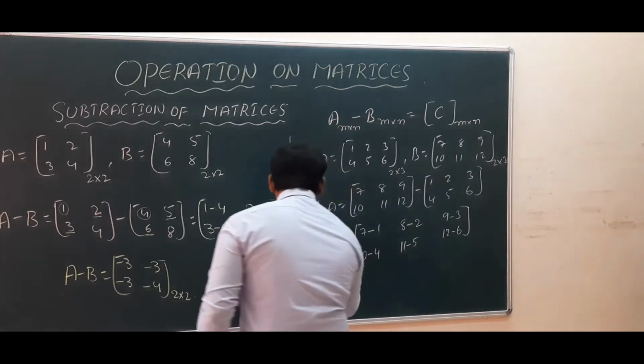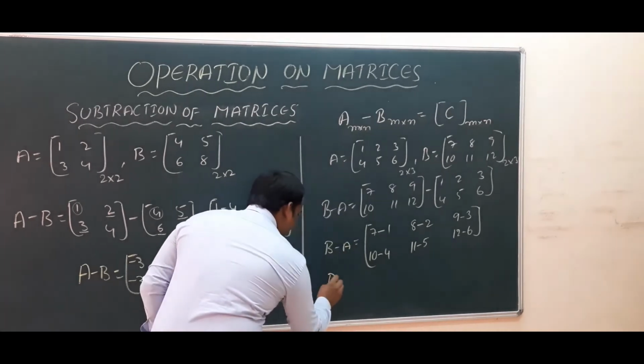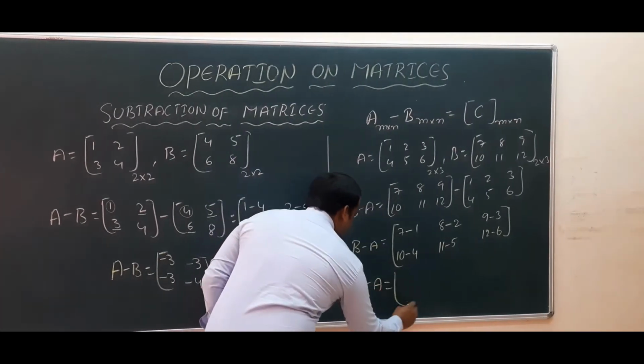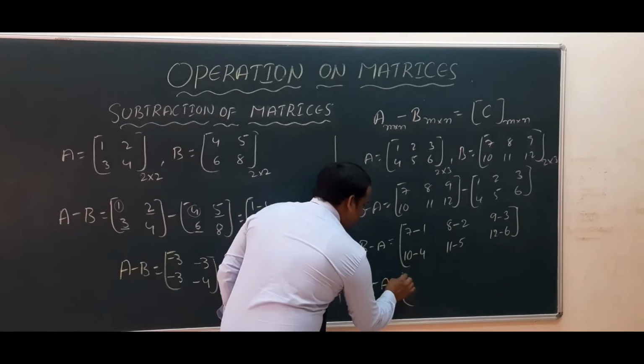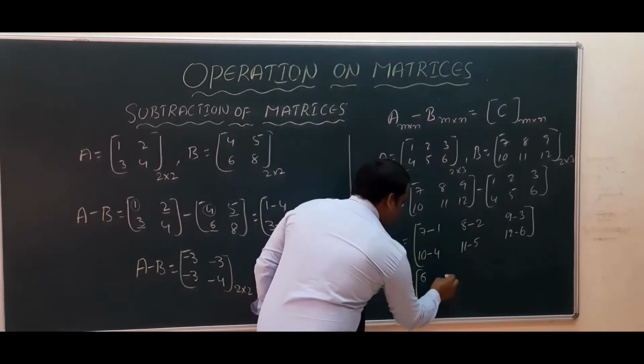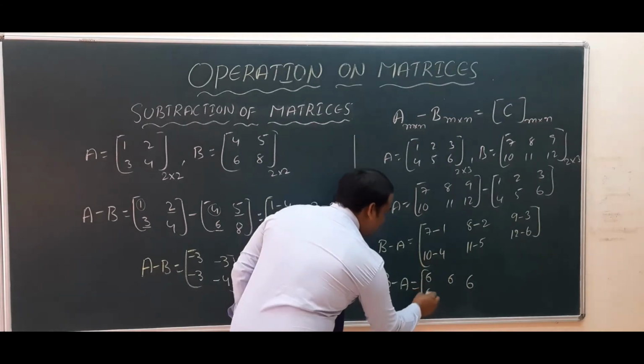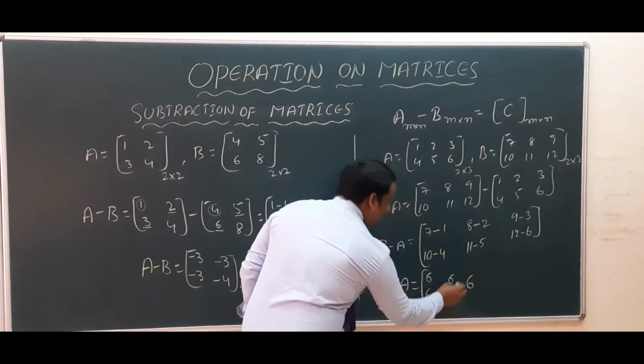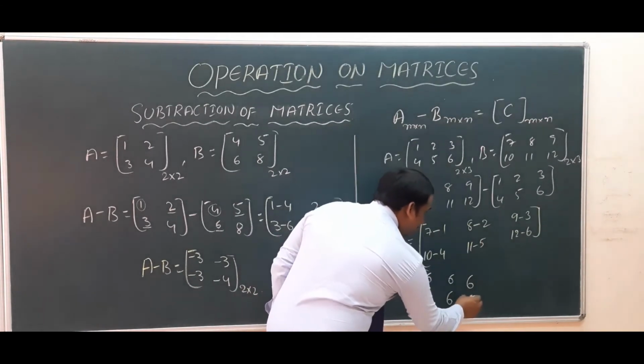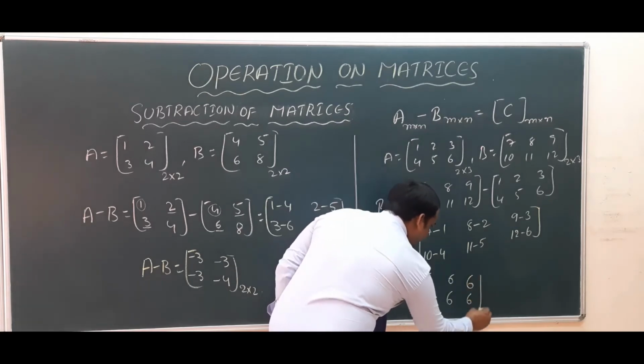Now this is B minus A. After that, B minus A equals 7 minus 1 is 6, 8 minus 2 is 6, 9 minus 3 is 6, 10 minus 4 is 6, 11 minus 5 is 6, 12 minus 6 is 6.